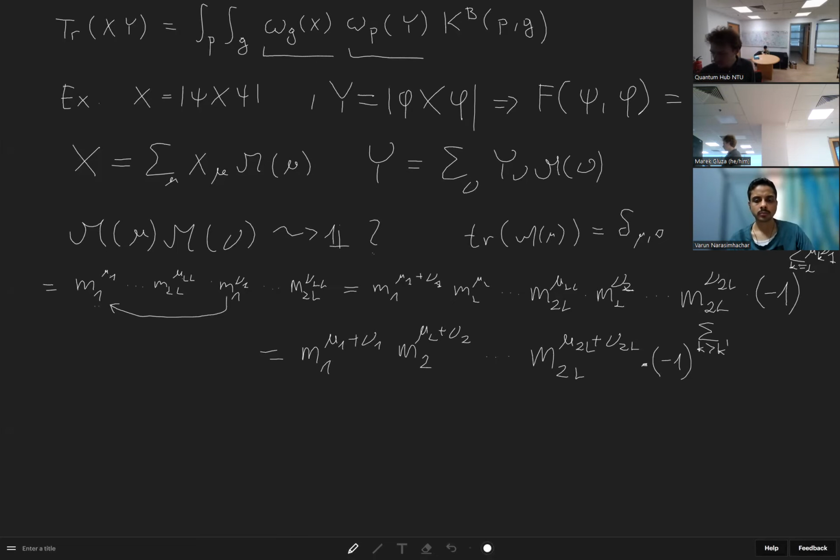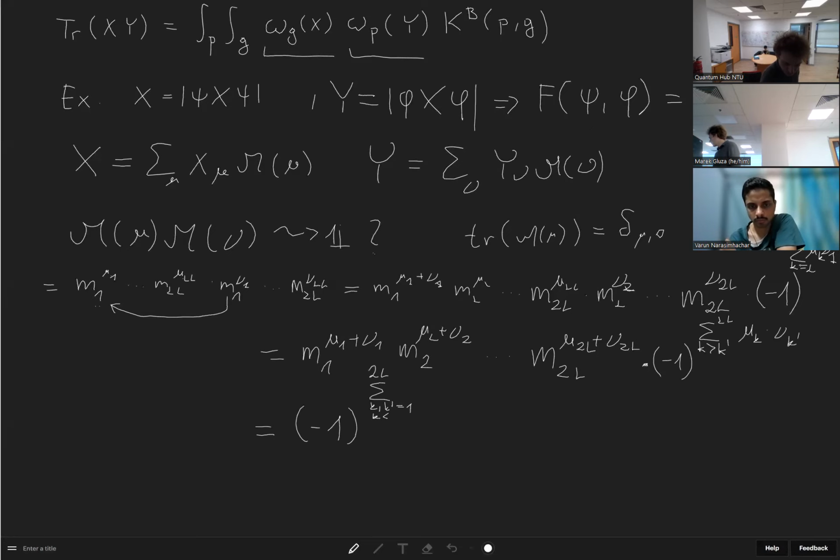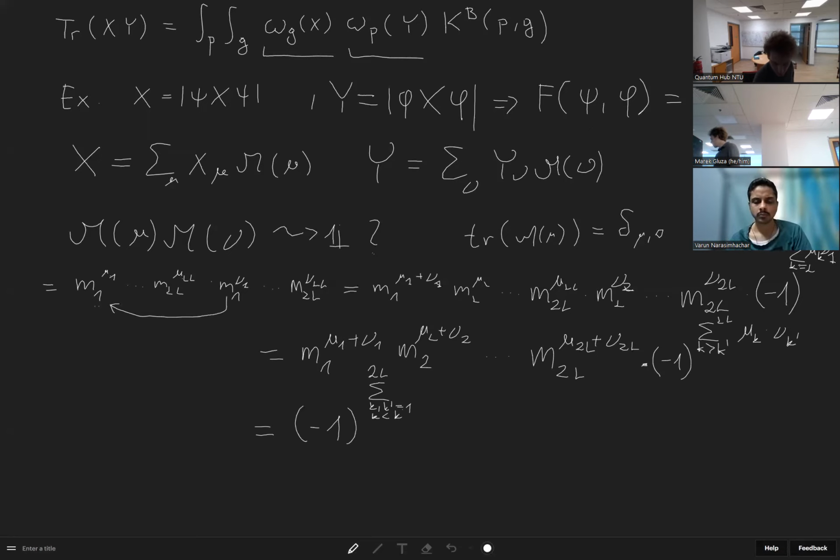Rewriting this, it is minus 1 to the sum over k and k prime from 1 until 2l, but k is strictly smaller than k prime.